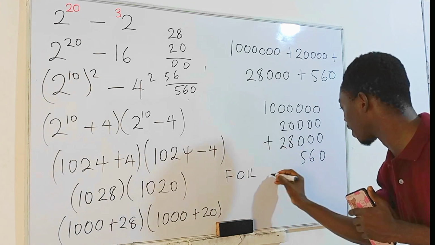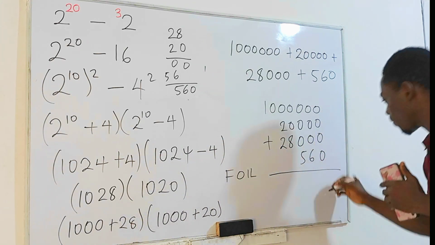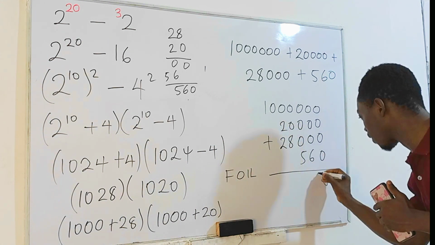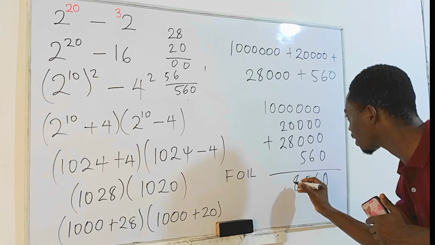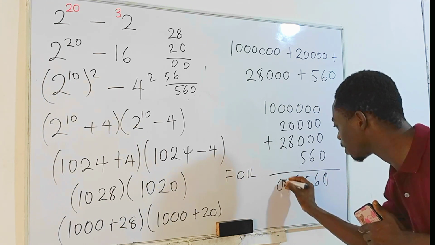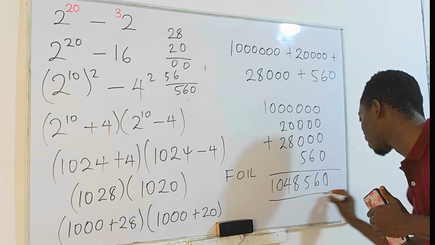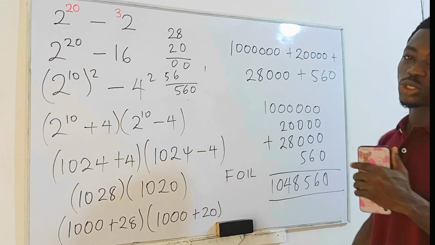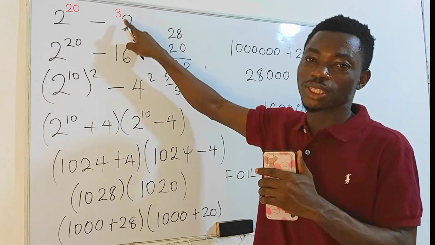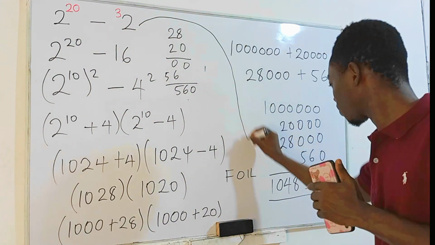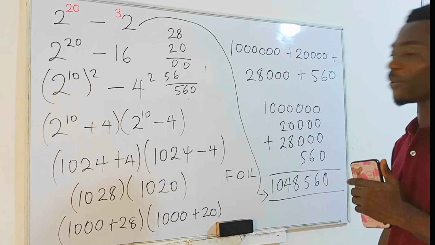And we can do the math just like this. Everything right here will give us 0. This will give us 6. This will give us 5. The whole of this will give us 8. Then we have 401. And that is pretty much it. So ladies and gentlemen, 2 to the power 20 minus 2 tetrated to 3 is giving us this right here.